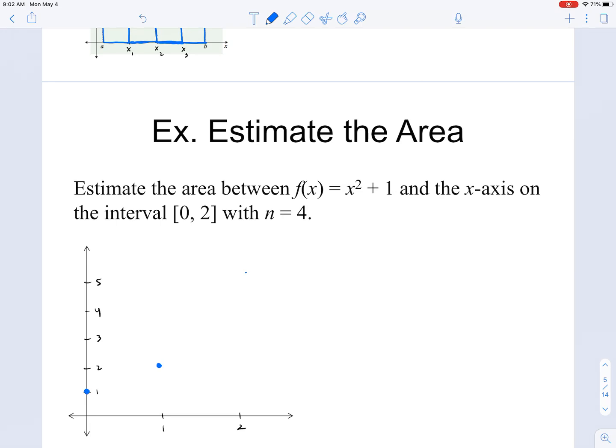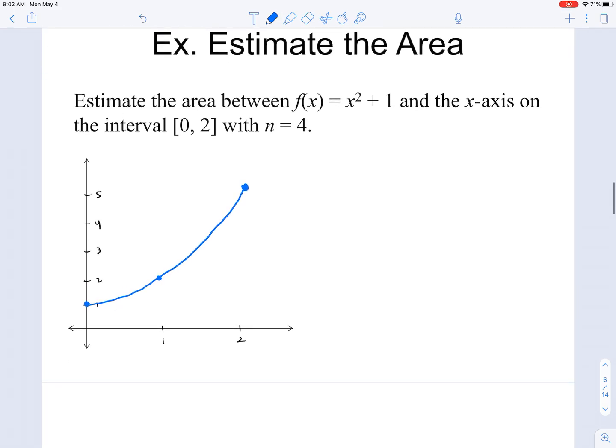When x is 0, y is 1, when x is 1, y is 2, and when x is 2, y would be 5.